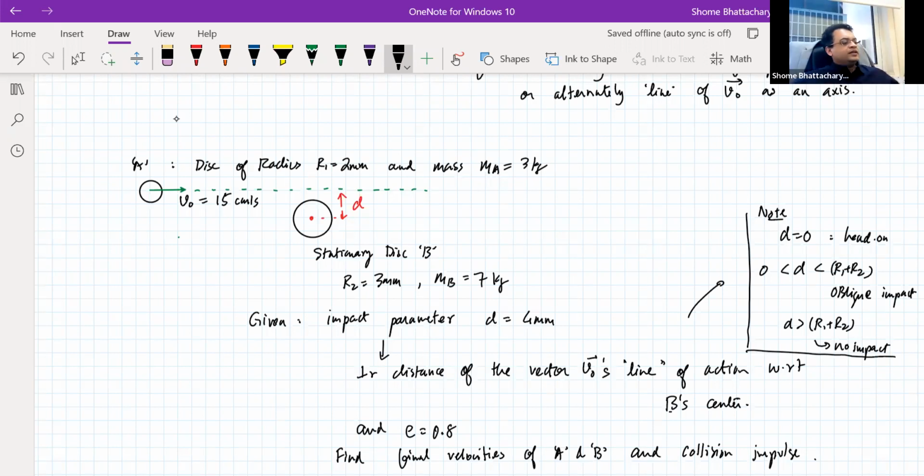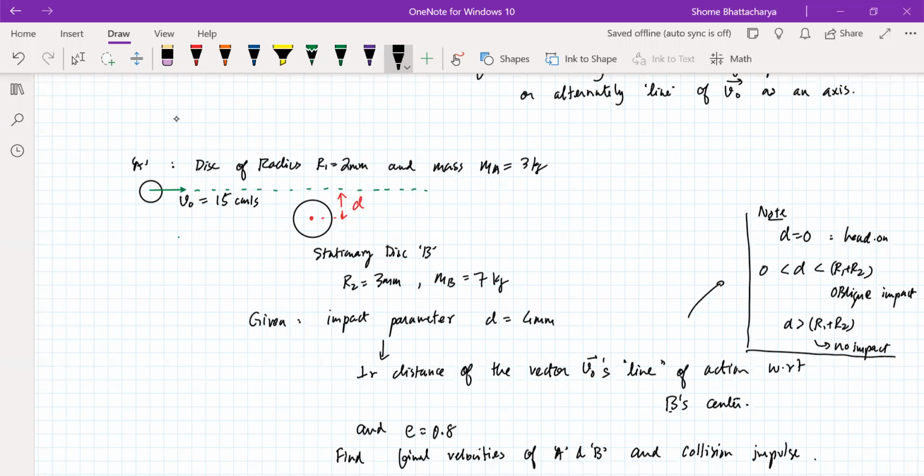So conservation of momentum, 2 components equation, then 1 geometrical equation from which you got alpha, and beta will be one unknown, but you will use the fact that coefficient of restitution is 0.8. So separation velocity is 0.8 times approach velocity, or 4 by 5 times approach velocity. So first of all, you have to figure out how much the approach velocity will be. It won't be V0, no? So that's where again alpha comes into play, right?